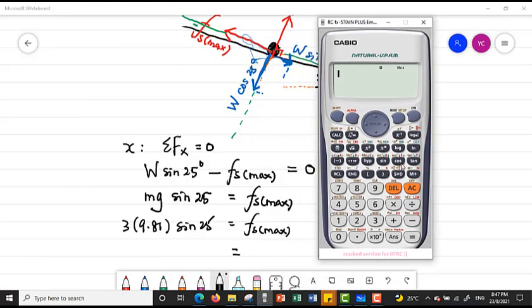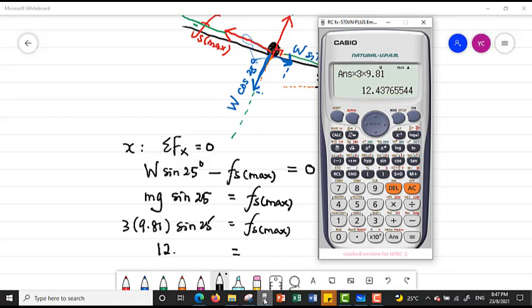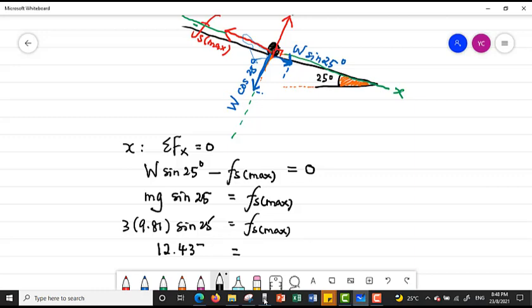So we have sine 25 times 3 times 9.81. So we have 12.4377. That one is our maximum static friction. Okay, so I have kept my maximum static friction.